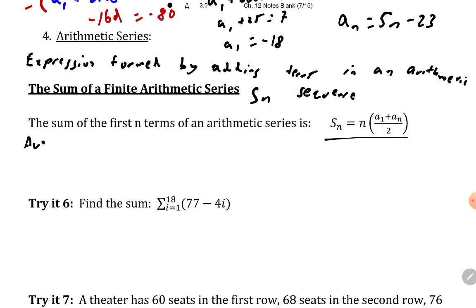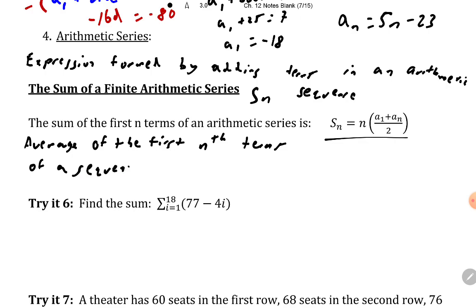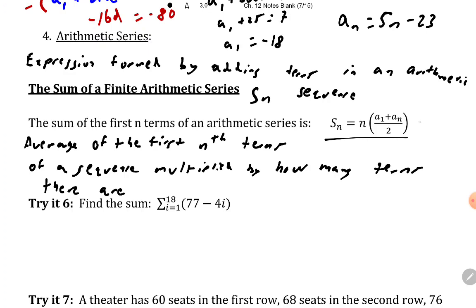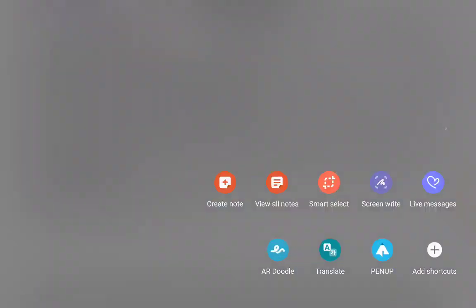It is the average of the first nth terms of a sequence multiplied by how many terms there are. And this is just another memorized formula.